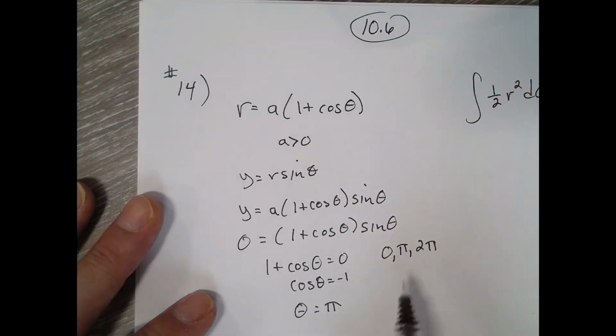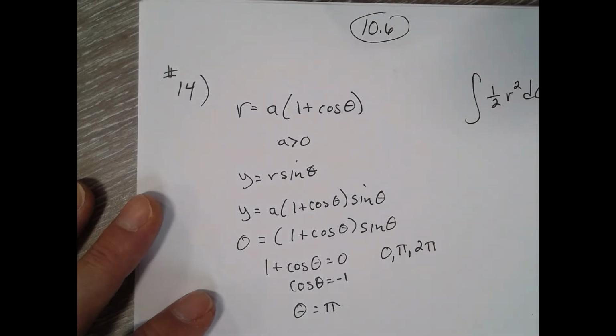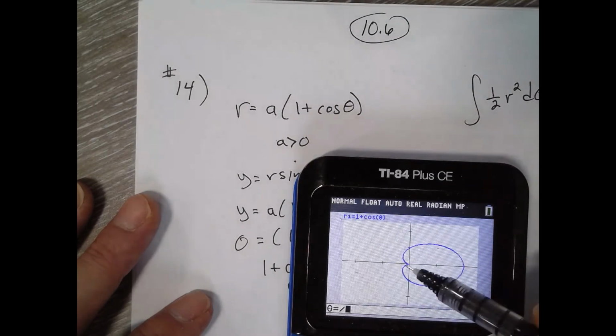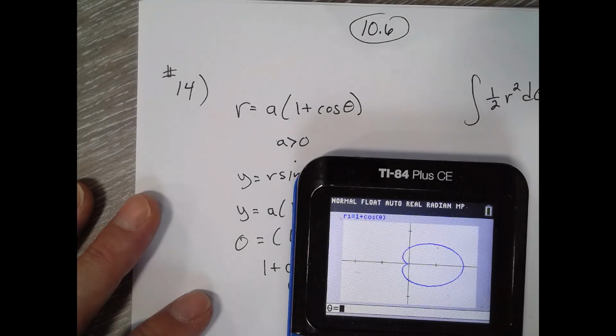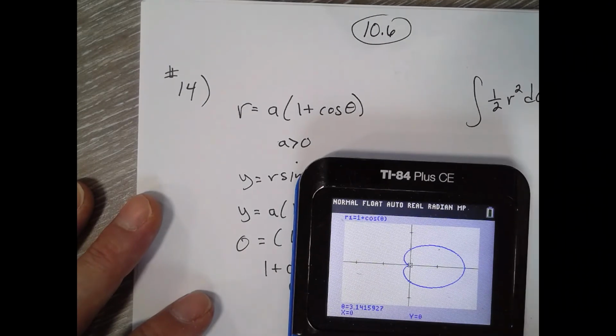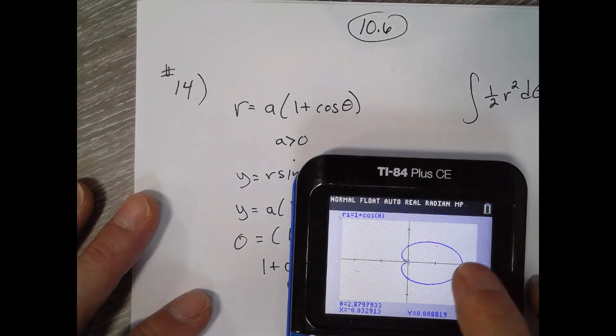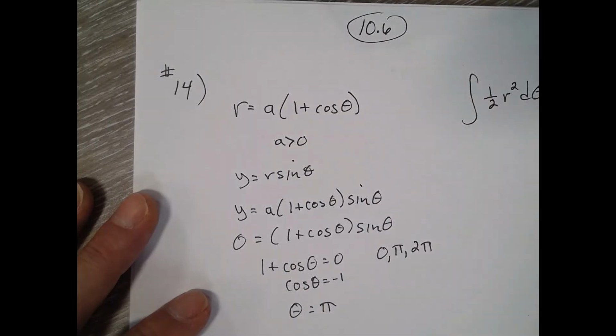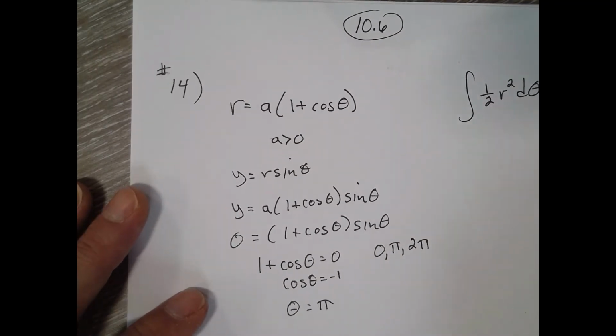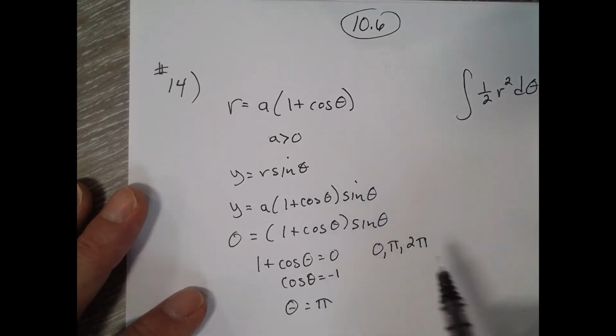So I've got 0, pi, 2 pi. It looks like I started at 0 and then it goes to pi. If I trace that, it does go to 3.14 at that point. So from 0 to pi, analytically figured that out. Those are our boundaries of integration.